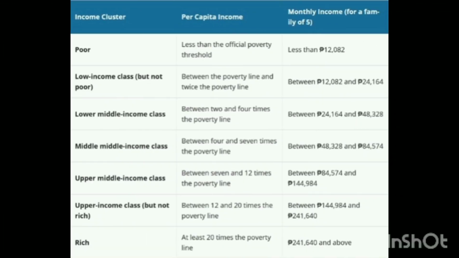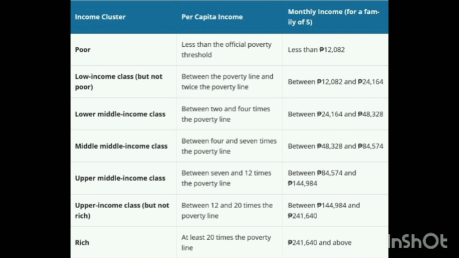Here we have another example of our topic. This is the income of each family from the lower classes to the upper classes. Let's start from the top, from rich to poor.